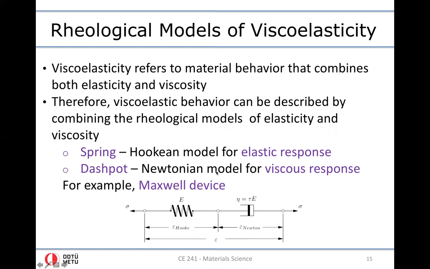Okay, so the Hookean model is nothing but the model for elastic response that is represented by the spring. So elasticity is the phenomenon where we have energy storage. The dashpot is the Newtonian model to describe, in other words, the viscous response.